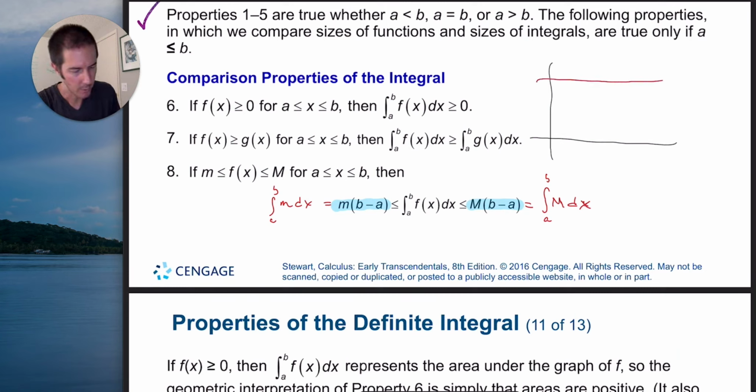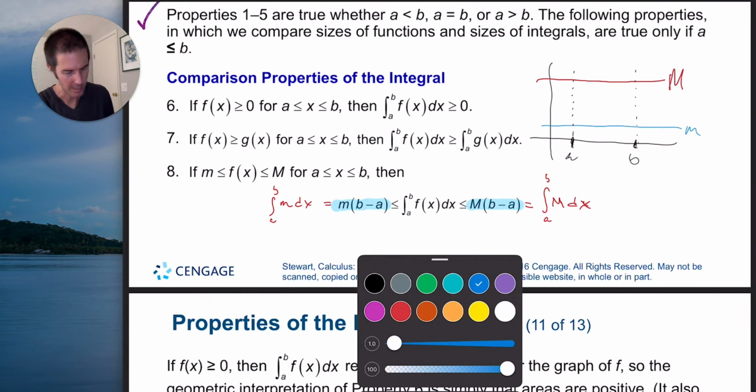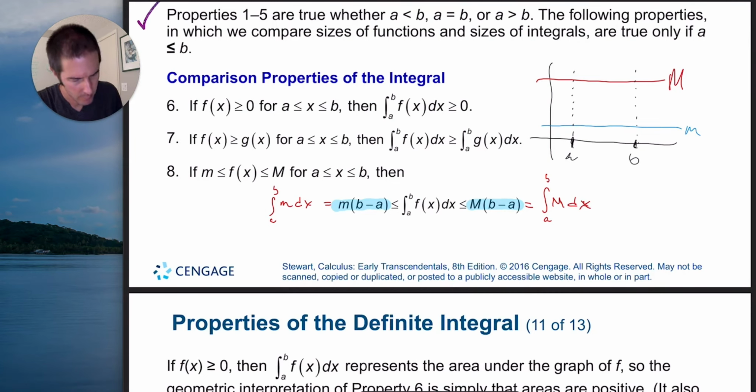Let's have this be lowercase m, this uppercase M, and we're going to integrate from a to b. Let's have this be our function, lowercase f.